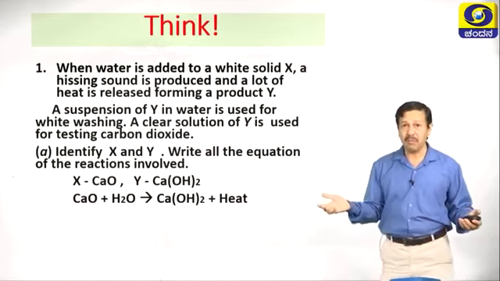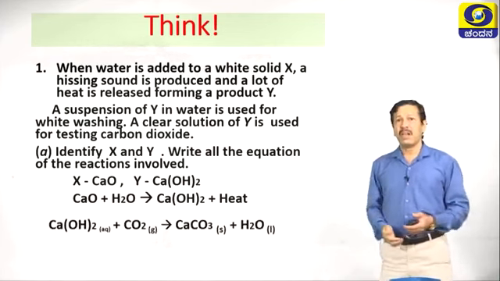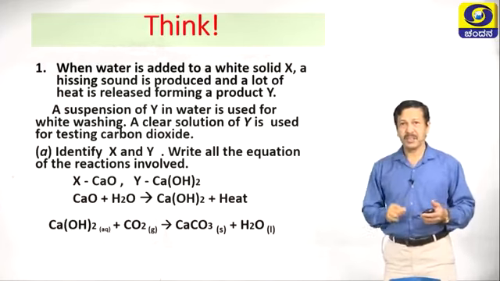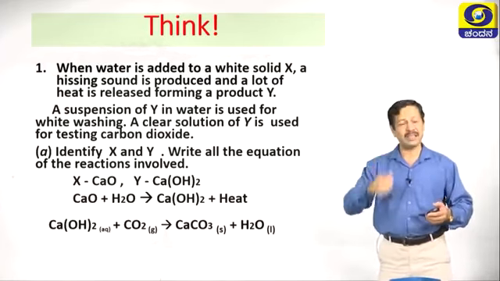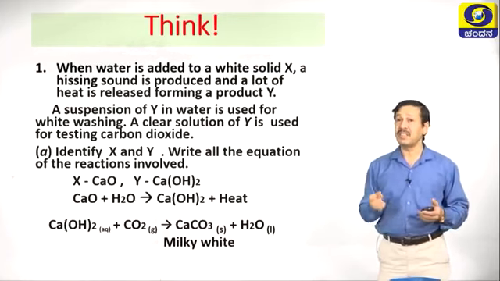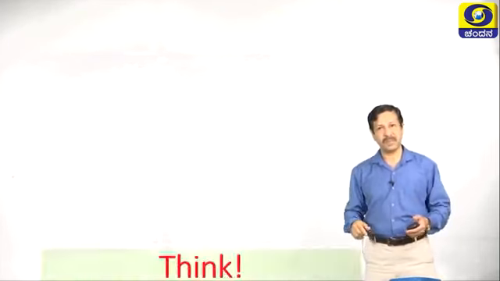So, it is an example of an exothermic reaction also. Now, one more reaction: calcium hydroxide lime water, through which carbon dioxide is passed, produces an insoluble milky white precipitate of calcium carbonate.